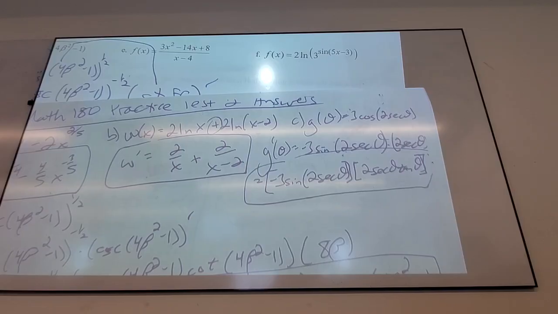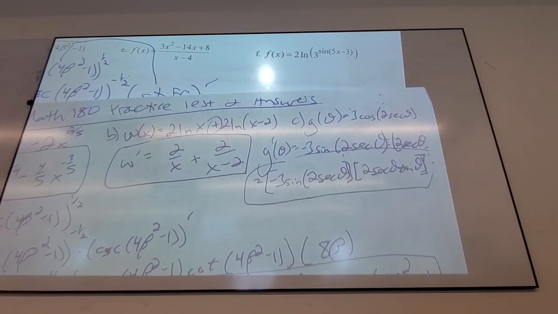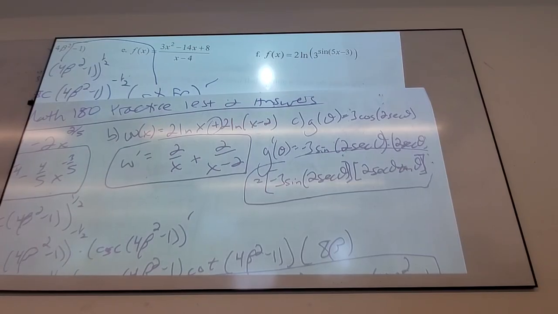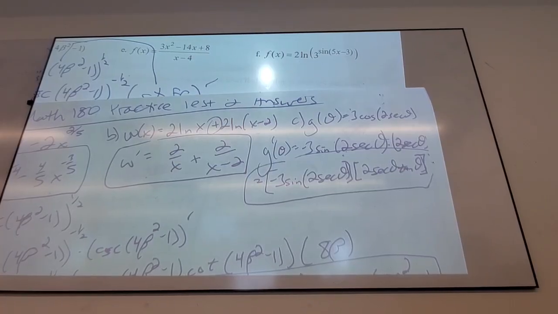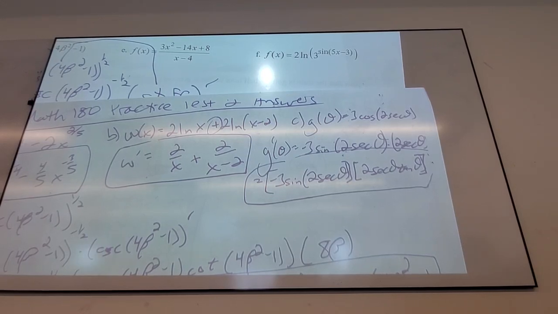Range is a collection of all the outputs that happen. -4 is not an output that happens. No input has that output. So it would be from -8 to -4, parentheses, union, parentheses, -4 up to 8. You have to skip -4, right?